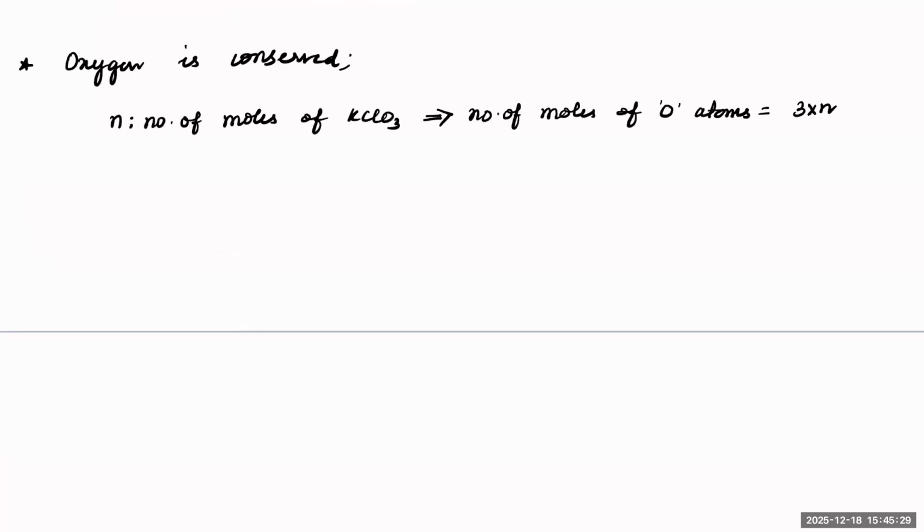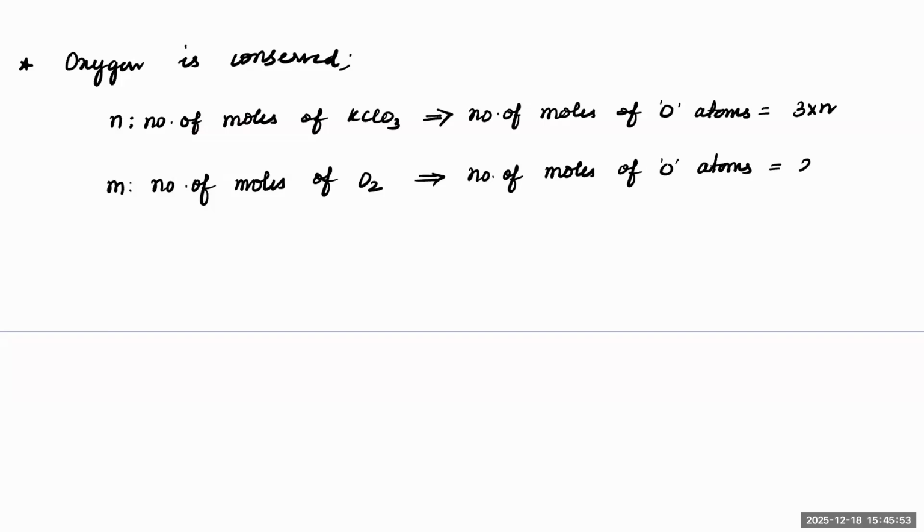Now let me read the same thing on the product side. If m is the number of moles of O2 on the product side, that implies the number of moles of O atoms on the product side will be 2 times m. And applying POAC, I'll use this terminology from now, applying POAC on oxygen, it implies 3n must be equal to 2m.